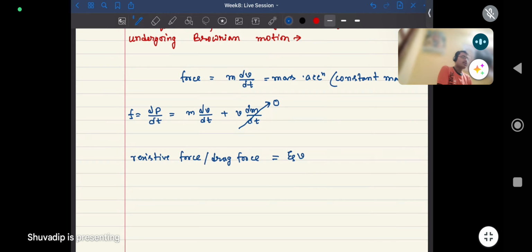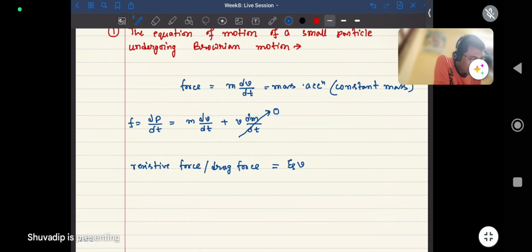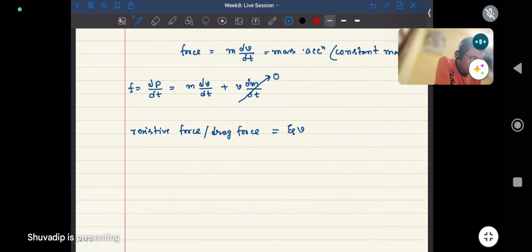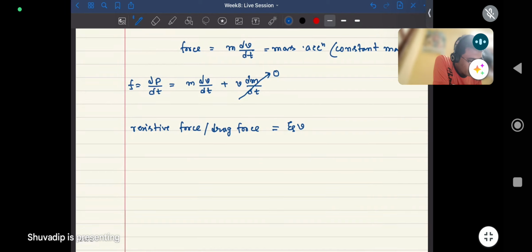This is a safe assumption, that this viscous drag or any resistive force is directly proportional to velocity, and xi is a constant. Xi depends on the nature of the particle, the shape and size of the particle, and also the nature of the medium where the particle is moving.